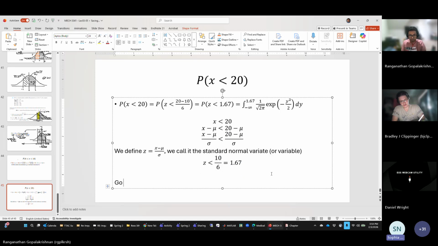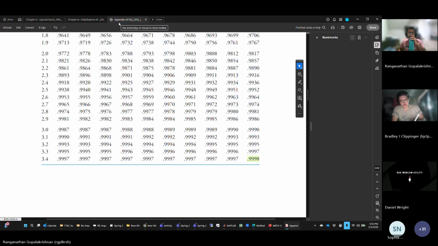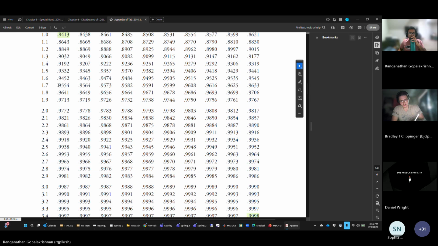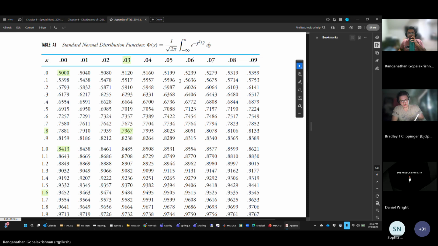From the appendix. Go to table A1, look up 1.67. Here is 1.6. Here is 0.7.